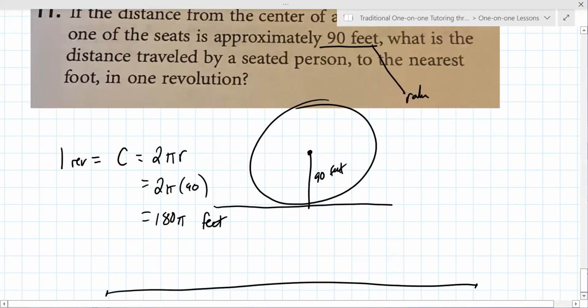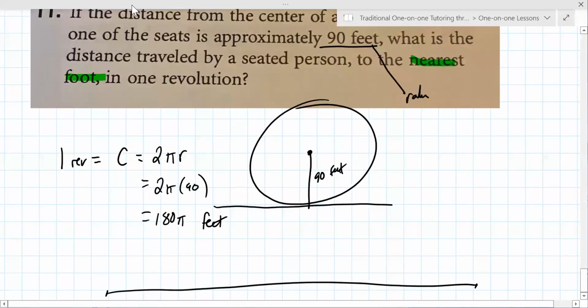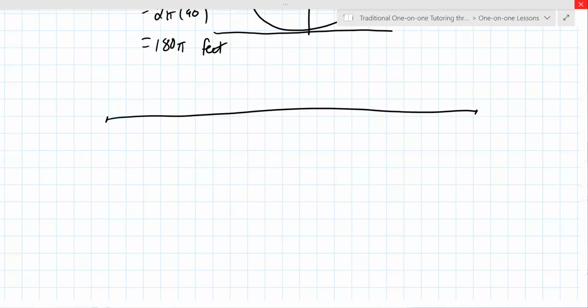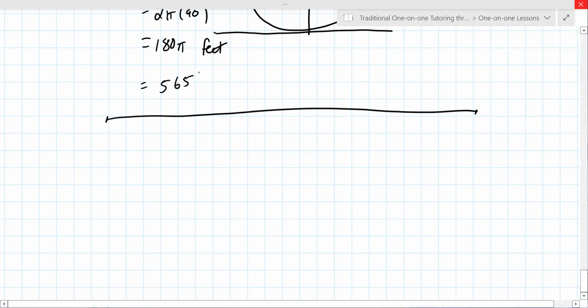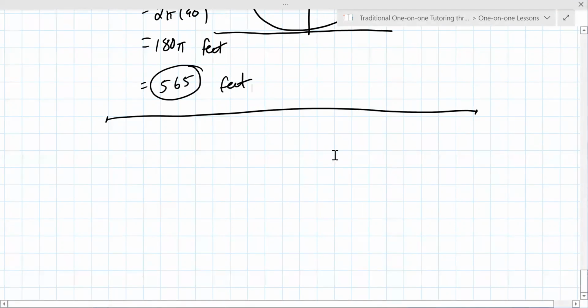So am I just going to multiply 180 times pi in order to figure out that distance? Yes. And then I guess that would be 180 times 3.14. I can type that out. 180 times 3.14 is 565.2.